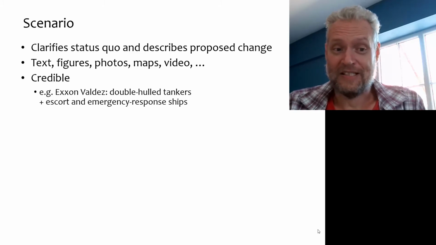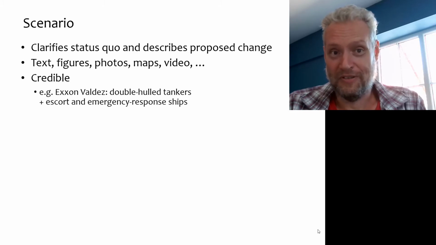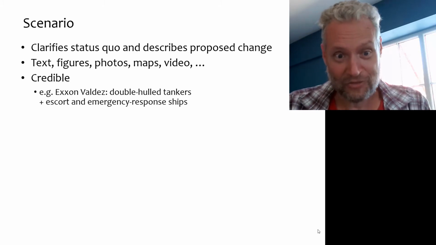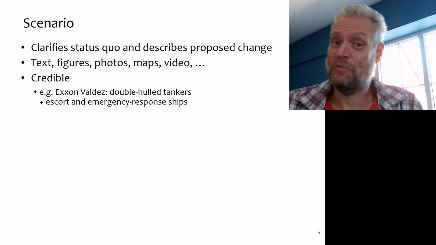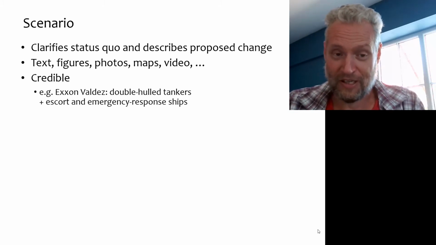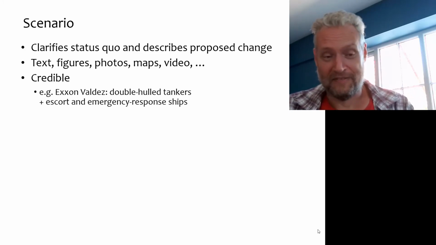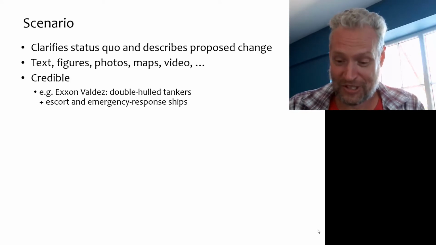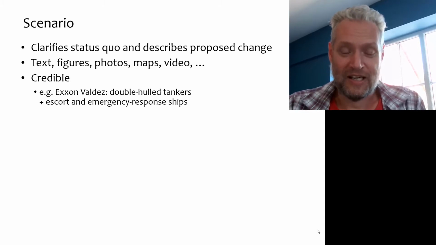What you can suggest is that from now on there will be more escort ships to make sure that the oil tanker doesn't get into trouble, and should they get into trouble, there would be more emergency response ships available. Those are credible alternatives, and it was credible in prospect at that time. Of course, these changes have happened, right? So those are things you should take care of.